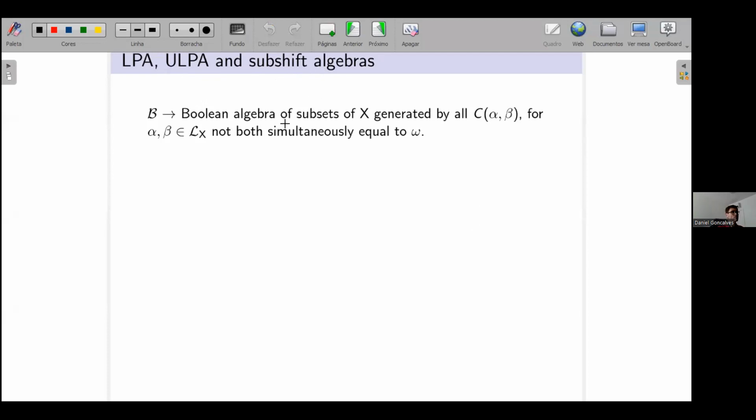So we also define a non-unital algebra, where we replace the Boolean algebra generated by C alpha beta with one that does not contain the whole set X. So we do not allow alpha beta to be simultaneously the empty set.